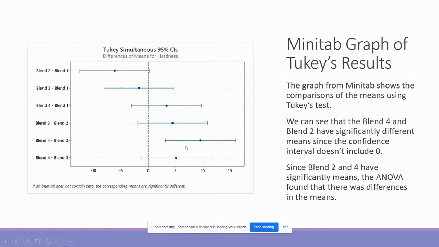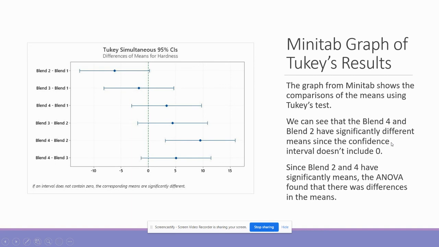All right, so again, if an interval does not contain 0, the corresponding means are significantly different. This one contains 0, this one, this one, this one, and this one. This one does not. So what that means is I can see that blend 4 and blend 2 have significantly different means, since the confidence interval does not include 0.